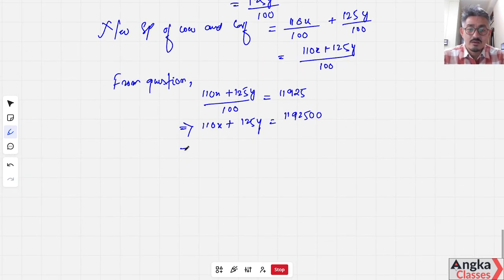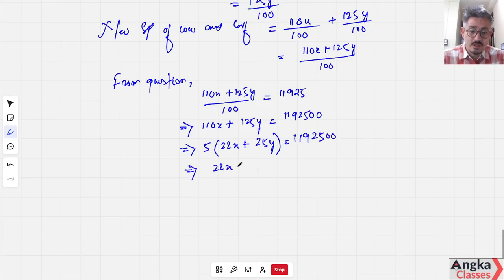Taking 5 common, we get 22x plus 25y is equal to 1192500, divided by 5.